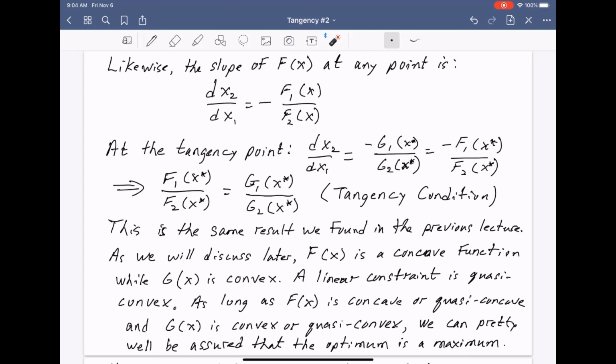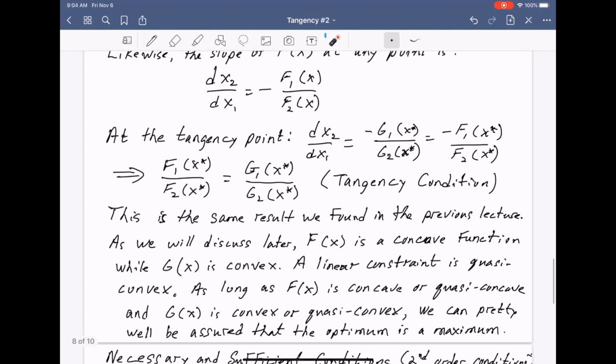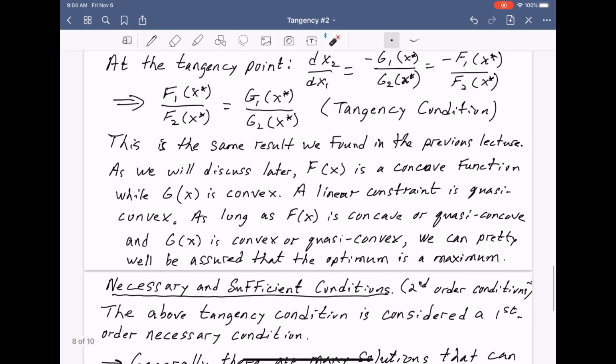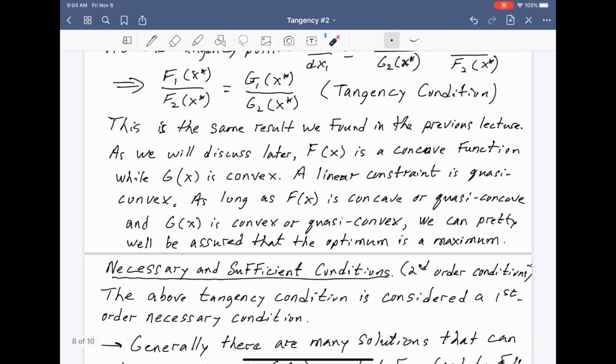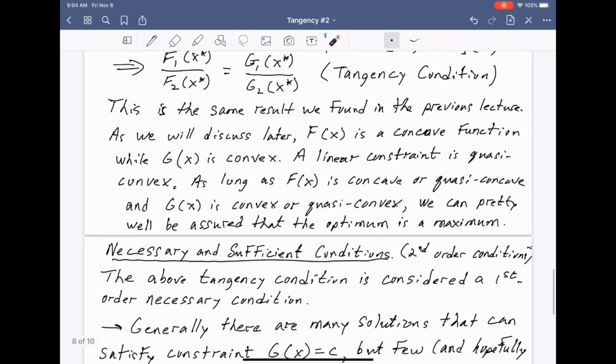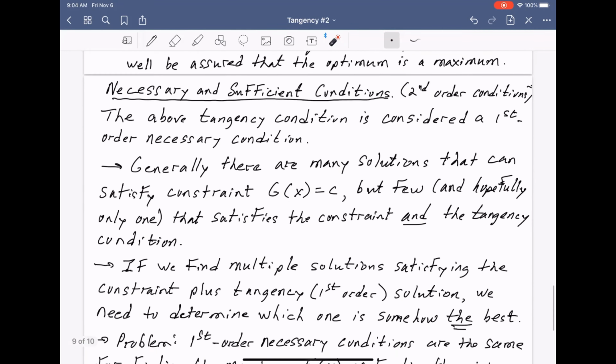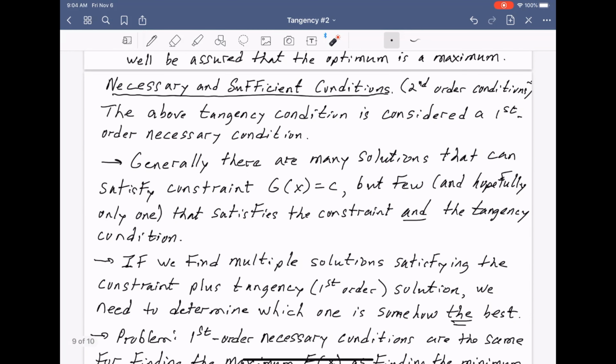Now, we've looked at linear constraints, but those are basically quasi-convex, and as long as f of x is concave or quasi-concave, and g of x is convex or at least quasi-convex, we can be pretty well assured that the optimum is a maximum. But in order to guarantee that, we really have to look at the difference between necessary and sufficient conditions.